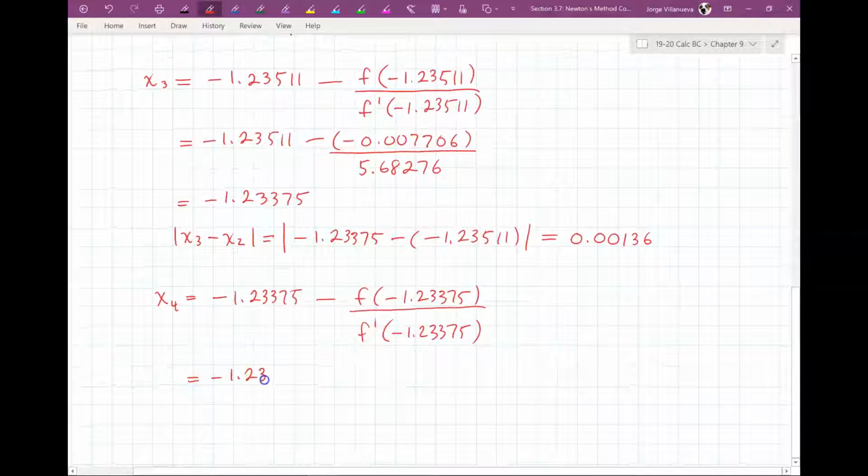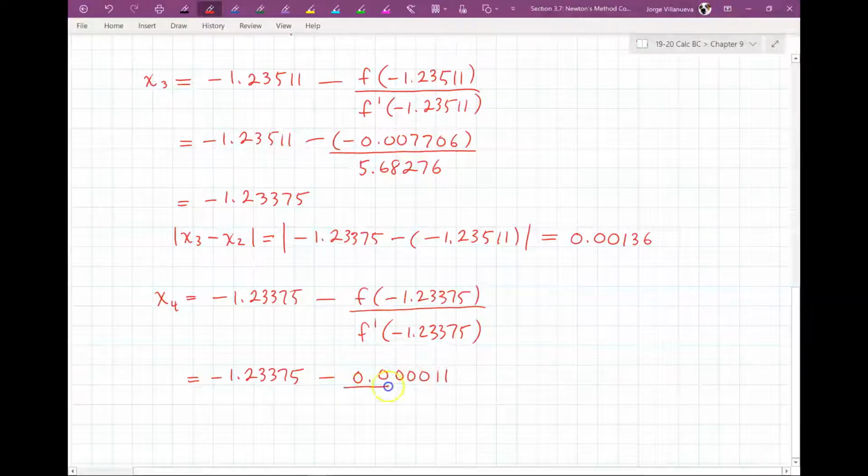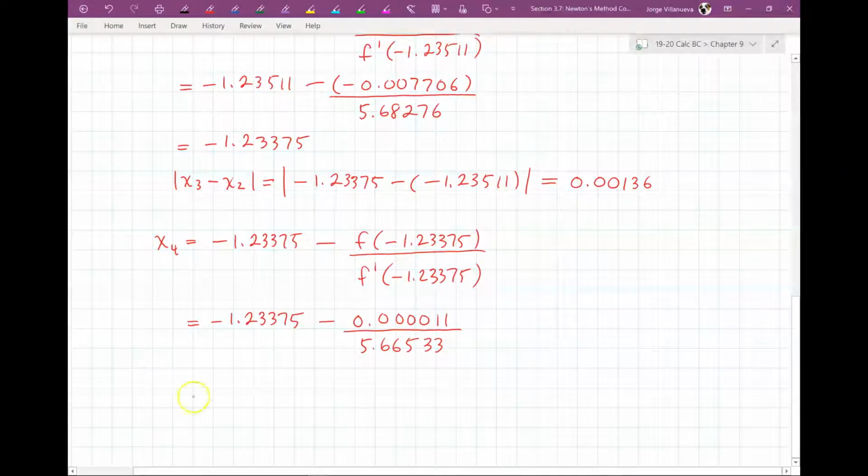Negative 1.23375 minus, now f of negative 1.23375 is 0.000011 divided by 5.66533. And when we calculate that, we get negative 1.2335.